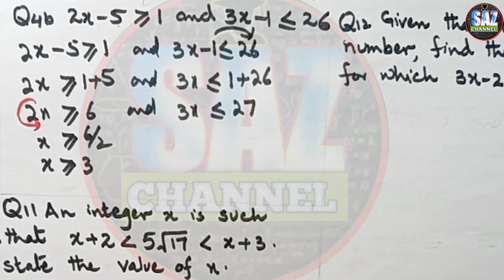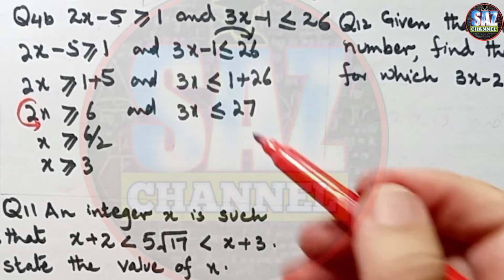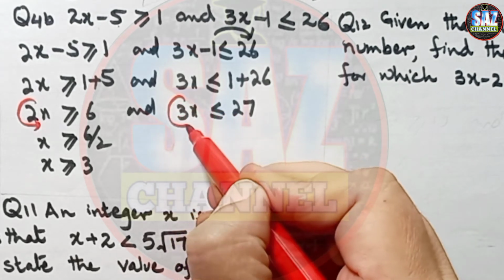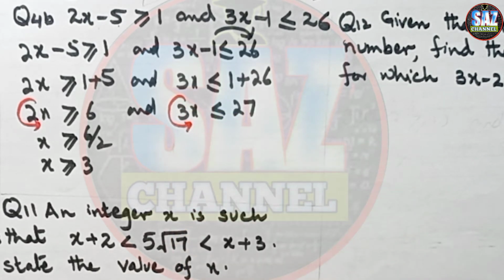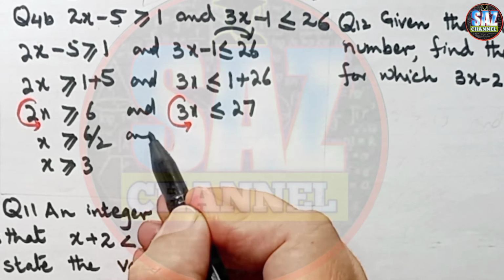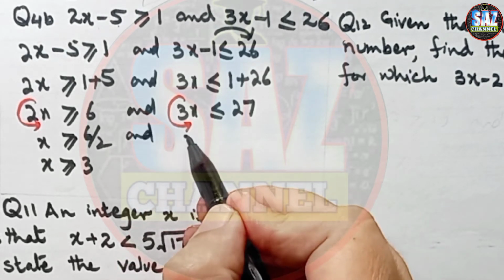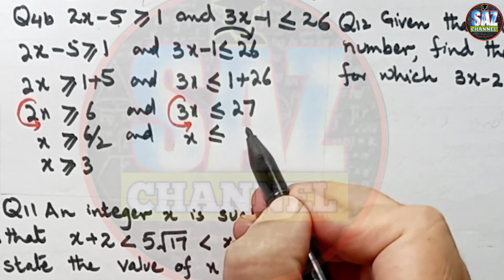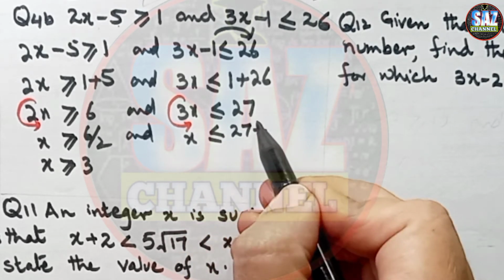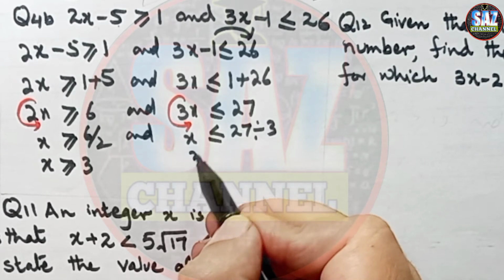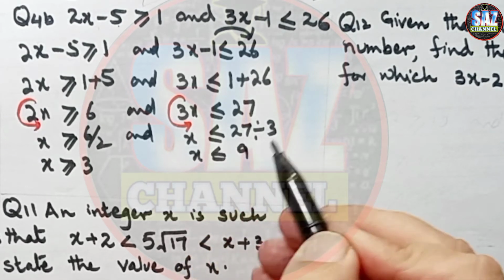Again, in order to get the value of x, shift this 3 to the other side and divide 27 by 3. You should have a command on basic algebra to get the better result. x is less than or equal to 27 divided by 3, and x is less than or equal to 9.